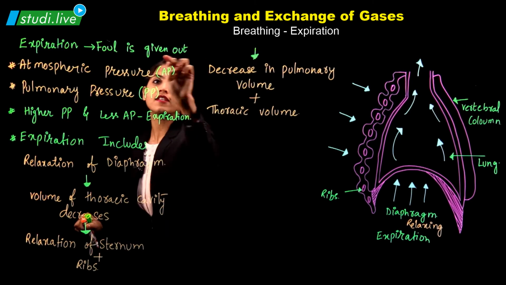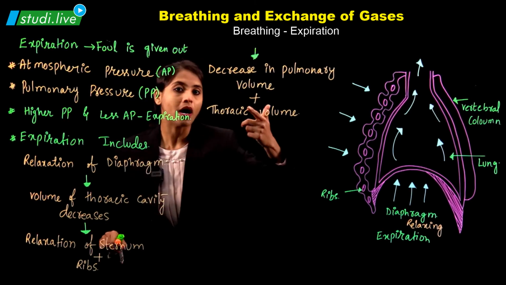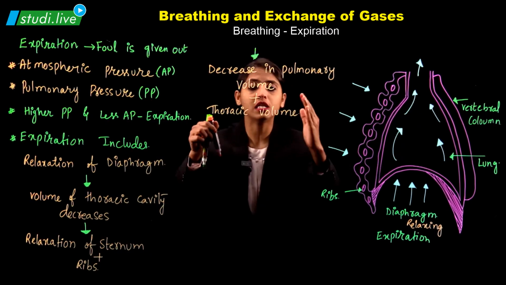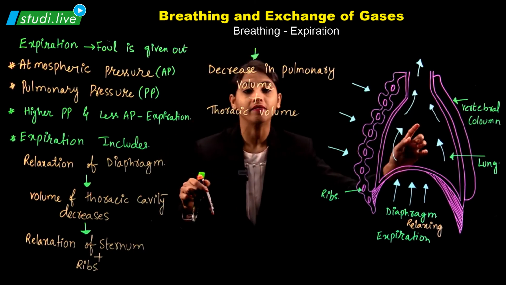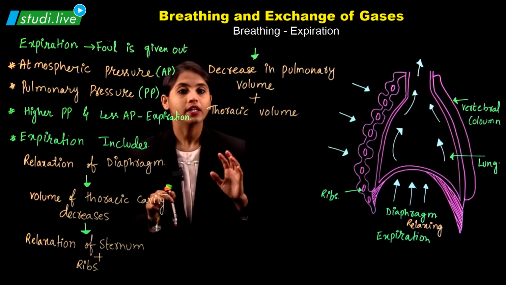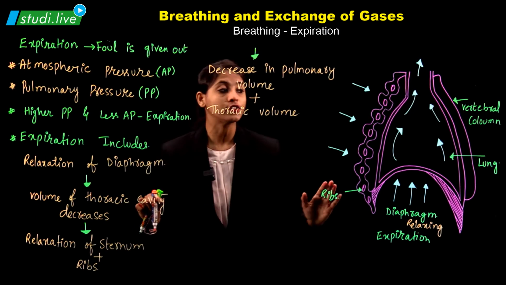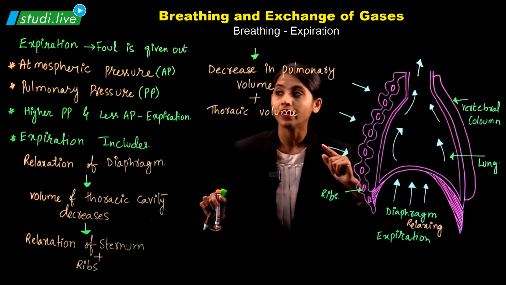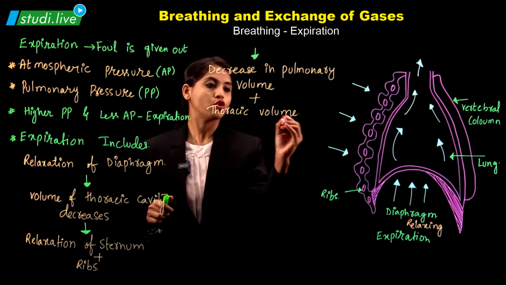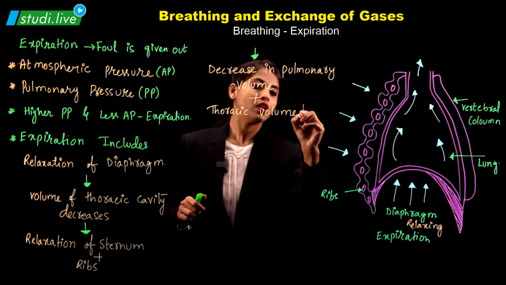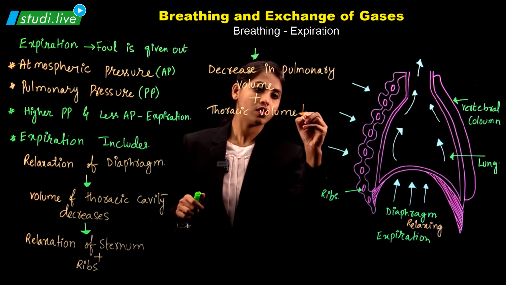The foul air has to come out. But here the volume keeps on decreasing. Am I right? Then where will this extra air go? It will not have any space to stay, so it will rush towards the outside. So thoracic volume also decreases, with the arrow downward.